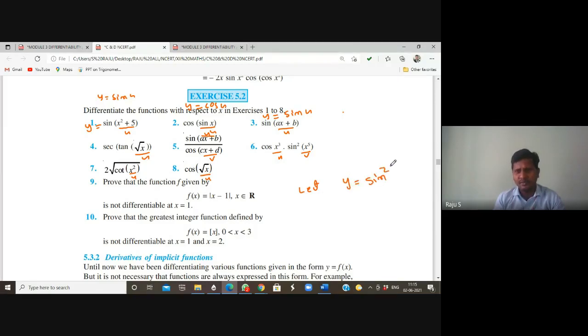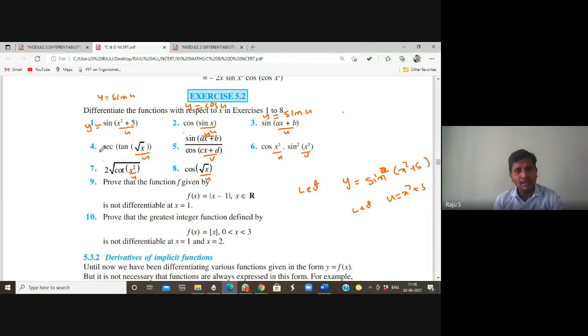For example, for the first question, you should take it like this: let y is equal to sin of x square plus 5. Then after, you can consider let u is equal to x square plus 5, like that. I'll write each and every step. But when you observe the first three questions, we are going to get y as directly a function.